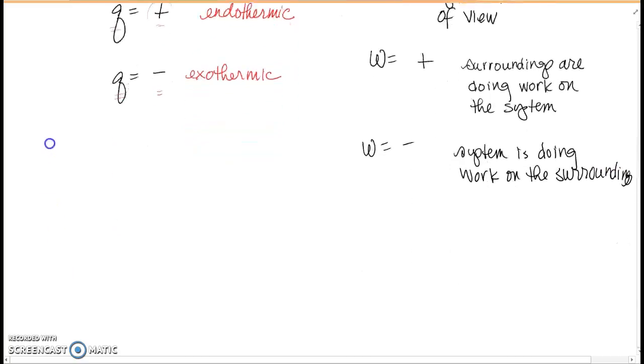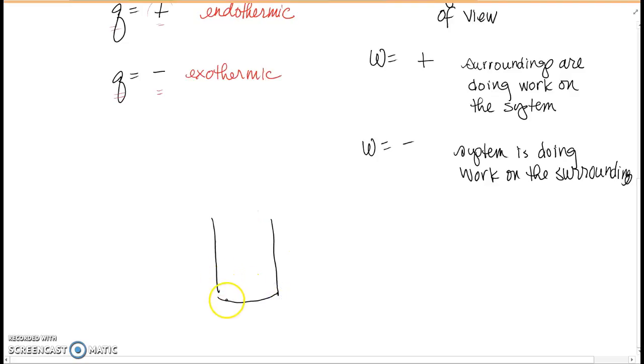So let's just think about a scenario here. Let's envision I have a cylinder, and in that cylinder there's some kind of reaction taking place, and that cylinder has a movable piston, like a little lid that has the ability to move up or down depending on what happens in the reaction. Let's say that this reaction gives off a gas, so pressure builds up, and that piston ends up moving up to a new location up here.